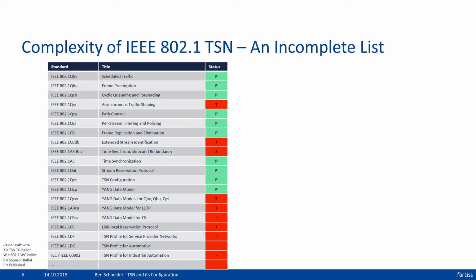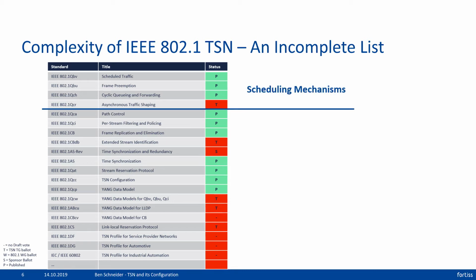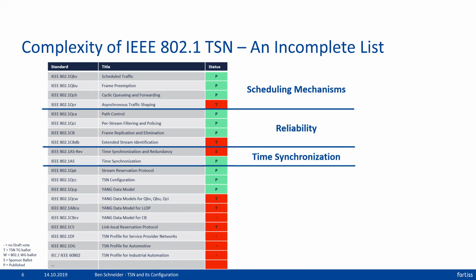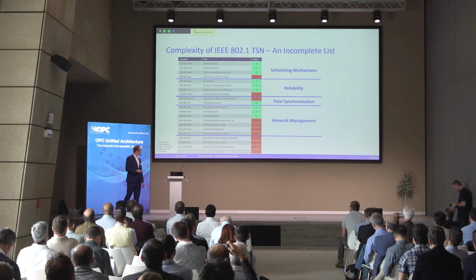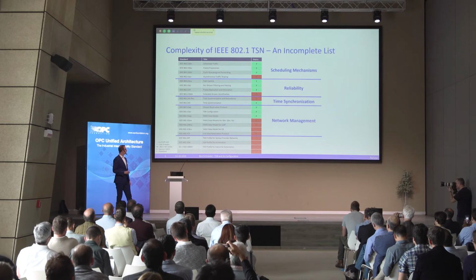There are different standards, for example, for scheduling mechanisms. There are standards in the TSN family for reliability, mainly to provide redundant components in your plant for higher availability. There are standards for tight time synchronization, and of course standards for the configuration of these networks.